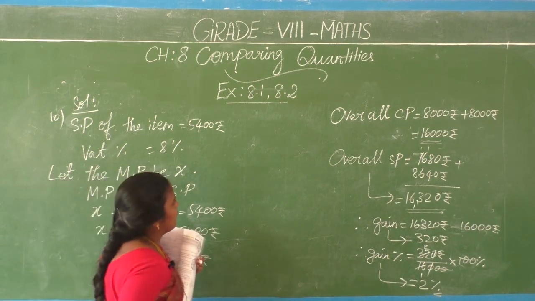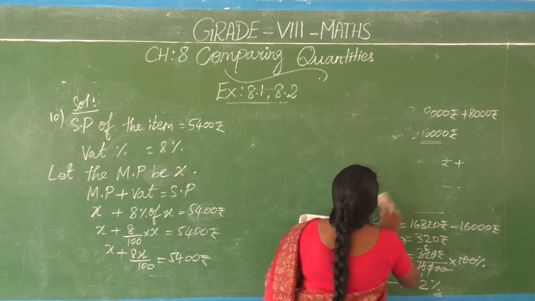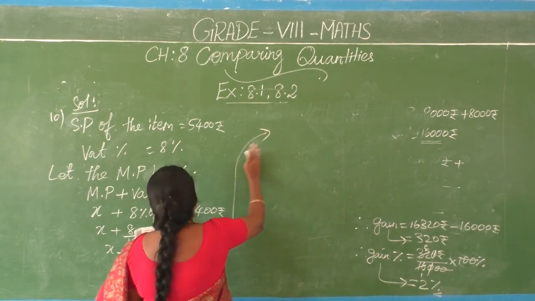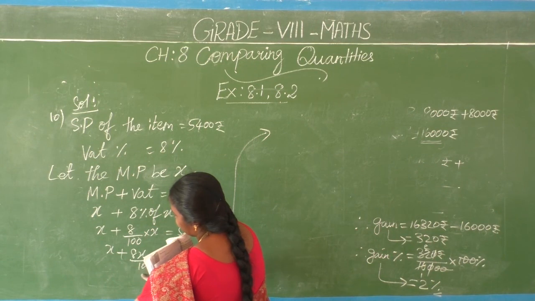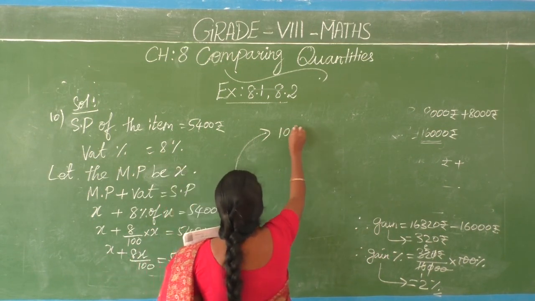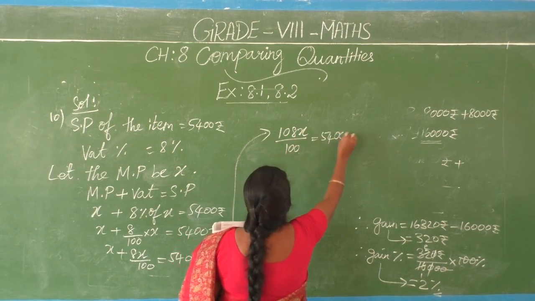How does it come? Mixed fraction: 100 into X, 100X plus 8X, 108X by 100 is equal to 5,400.